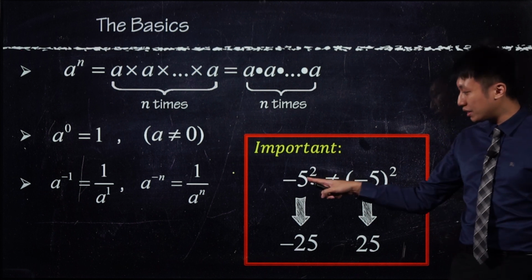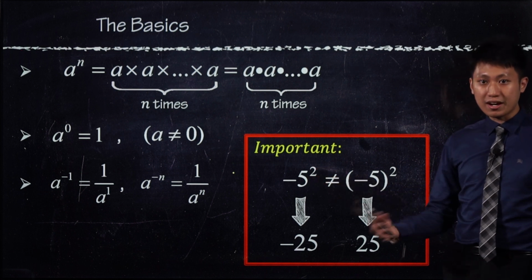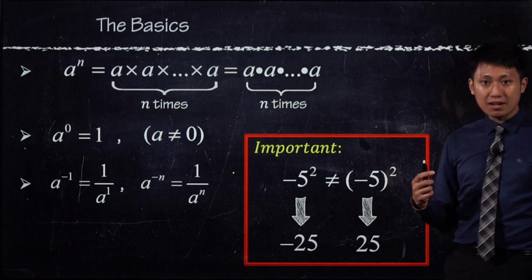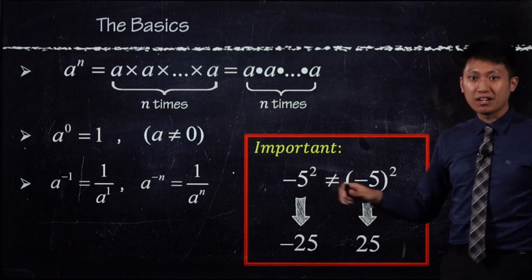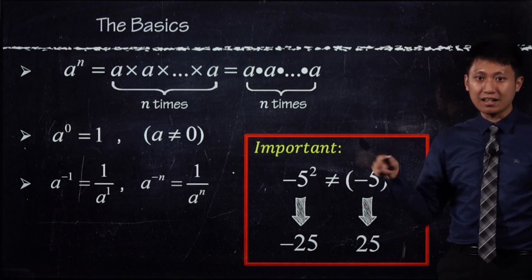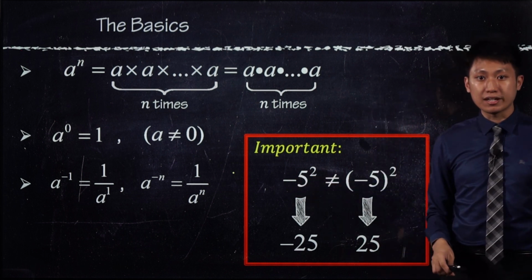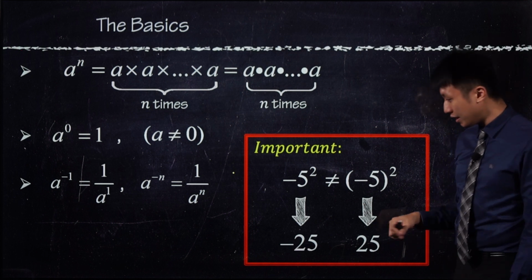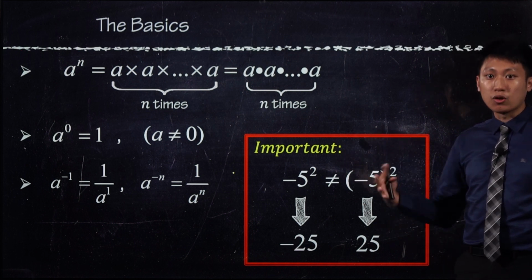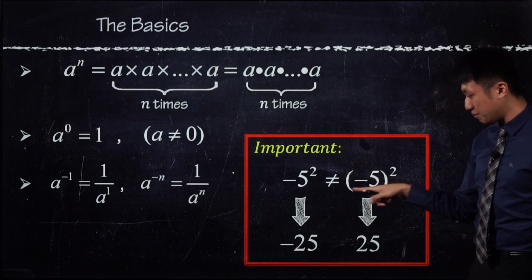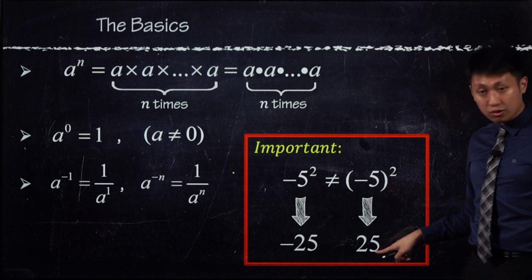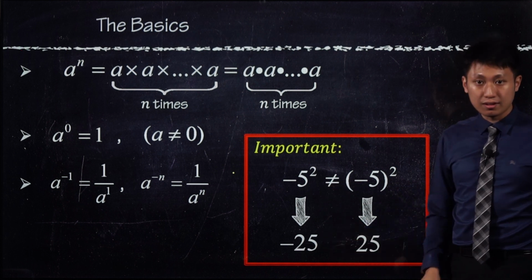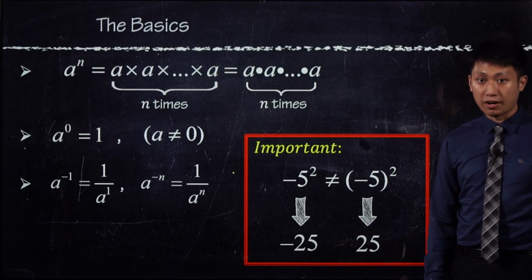Maybe you know this one means -25, but then you write it wrongly, or maybe you want to represent the other one, but you write this one because you are not used to writing brackets in front of the negative sign. So you've got to be very careful about this one. If you want to represent -5, the whole thing squared, you've got to put brackets here to make it clear. So this one would mean 25, and this one will mean -25.